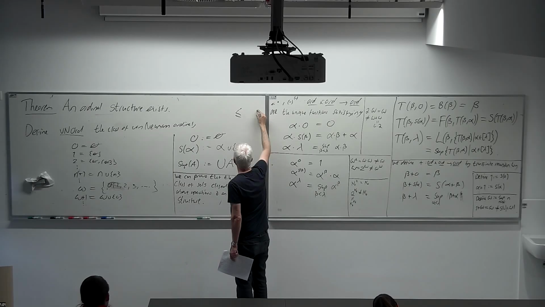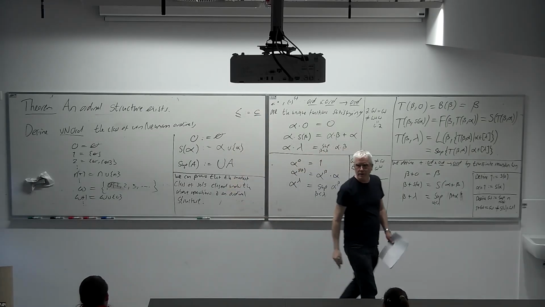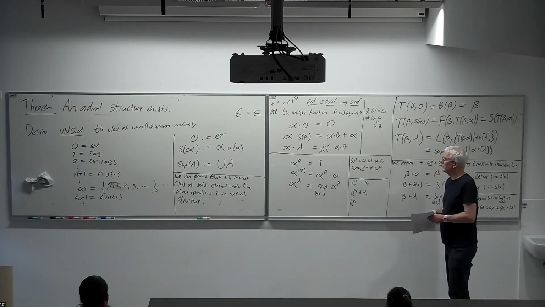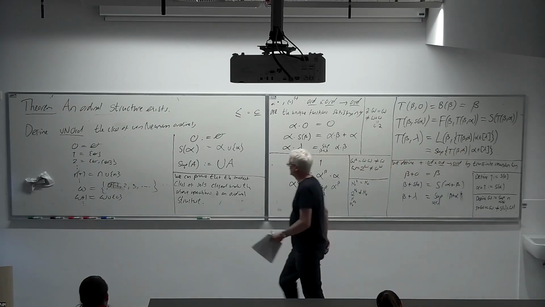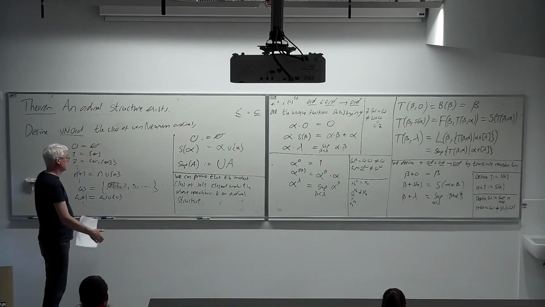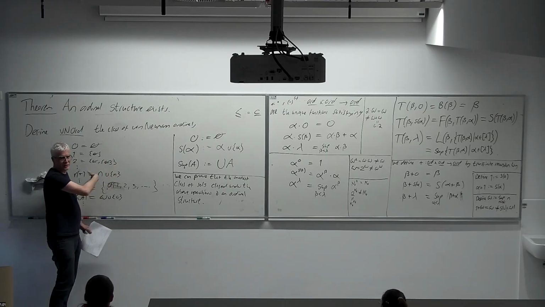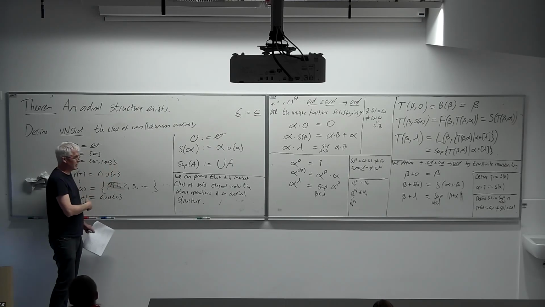Less than or equals is simply subset. Okay. So from this, one can simply say these are the ordinals, and when you work with ordinals, you just work with their von Neumann encodings.